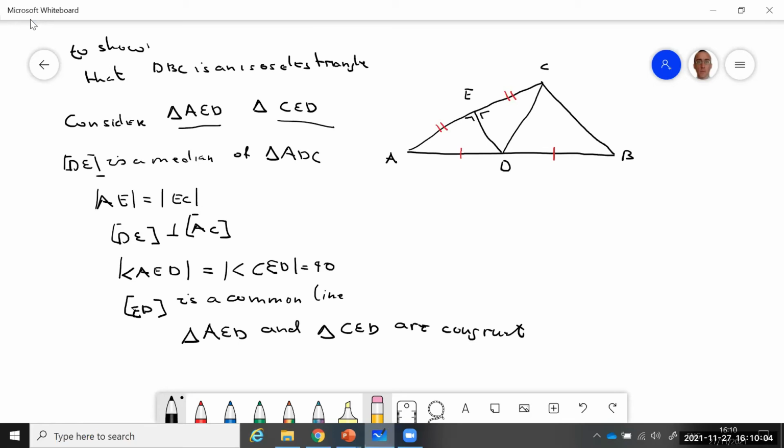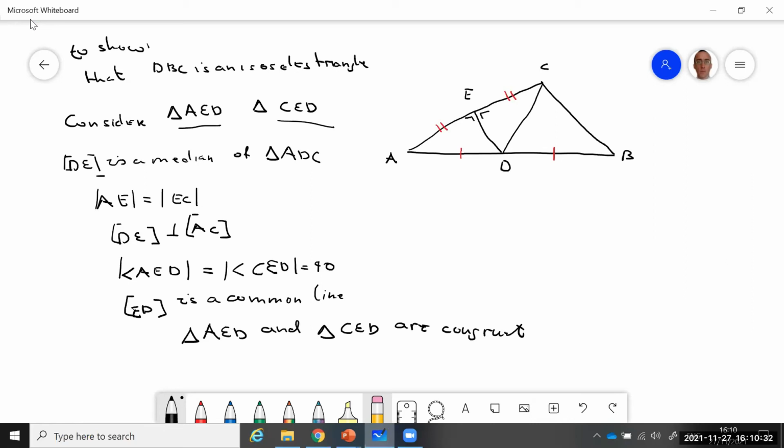Because they have two lines that are equal, i.e. AE and EC are equal to each other, and ED is common to both, and the included angle, in other words the angle in between the two equal sides, are equal, they're both 90 degrees. So that is enough to say that AED and CED are congruent triangles, okay?